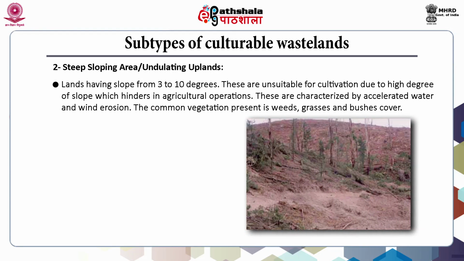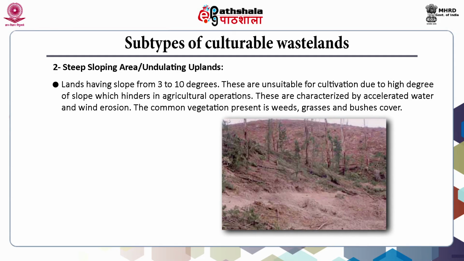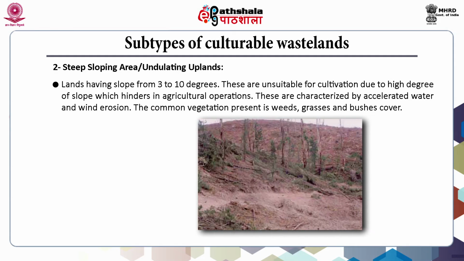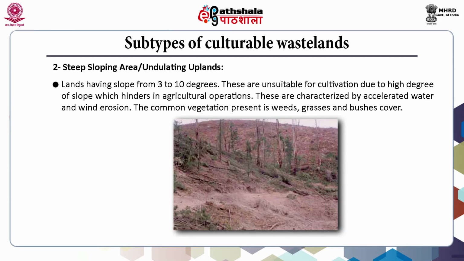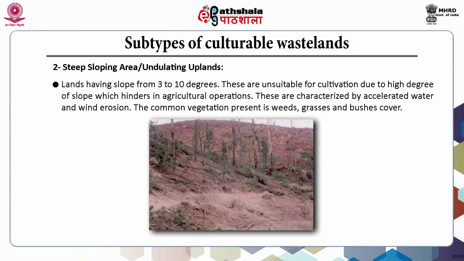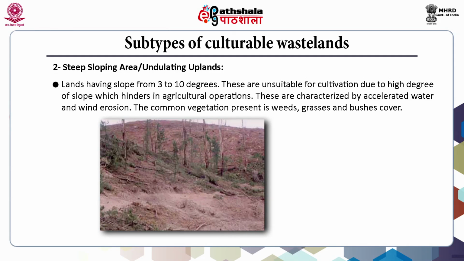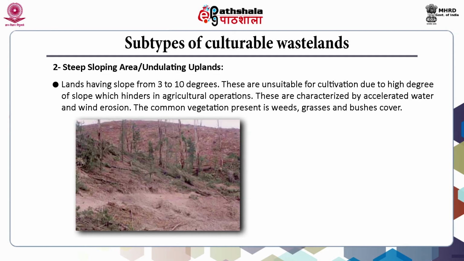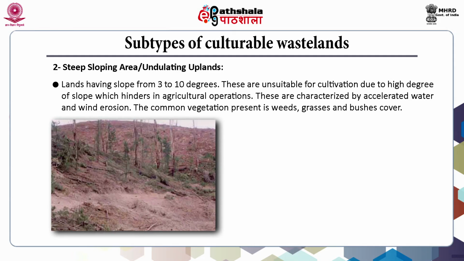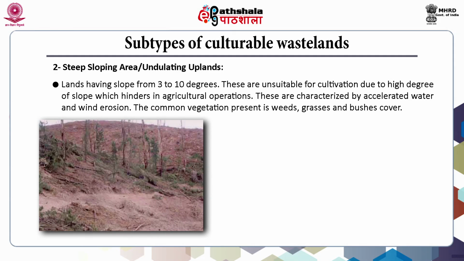Lands having slope from 3 to 10 degree. These are unsuitable for cultivation due to high degree of slope which hinders agriculture operations. These are characterized by accelerated water and wind erosion. The common vegetation present is weeds, grasses, bush covers, etc.